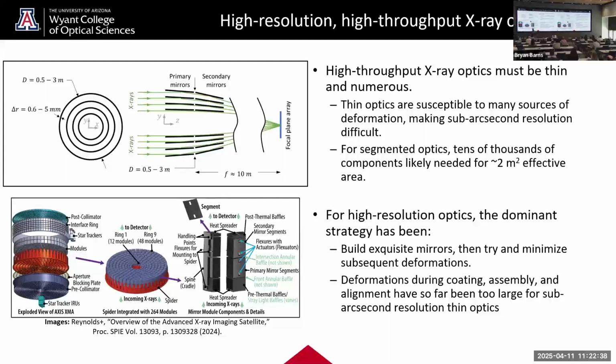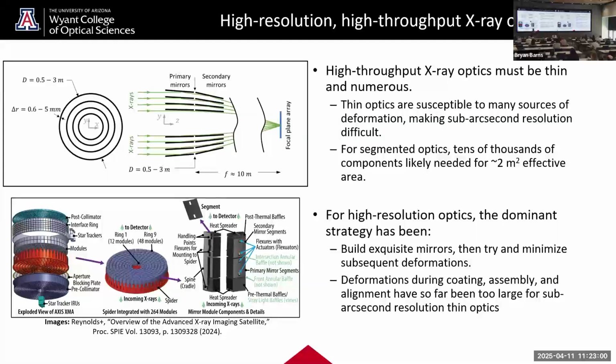From the X-rays' perspective, each of these pairs of mirrors really looks like a very thin annular region, which has a very small collecting area. So you nest many, many shells together. And then to make things so that you're not building meter scale shells that are millimeter thick, that are very, very challenging to handle, you typically will segment these mirrors into many smaller segments.